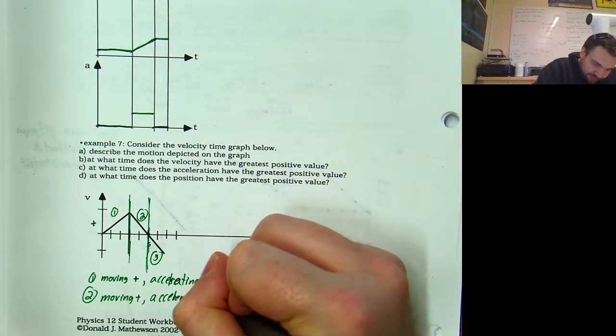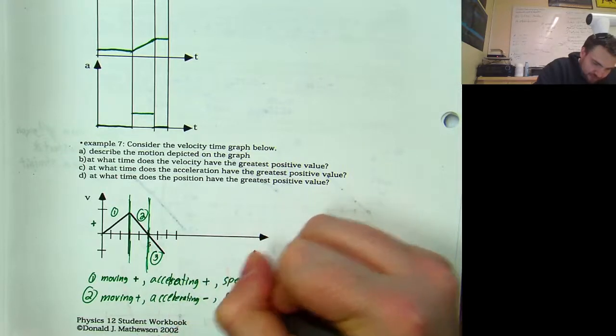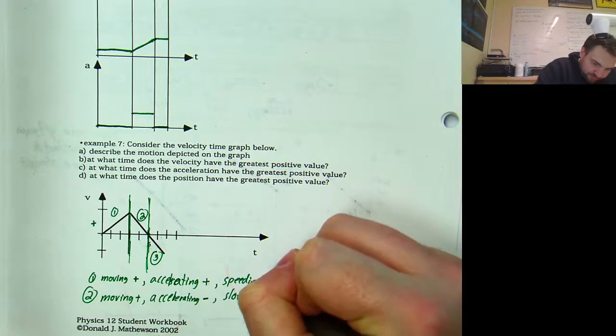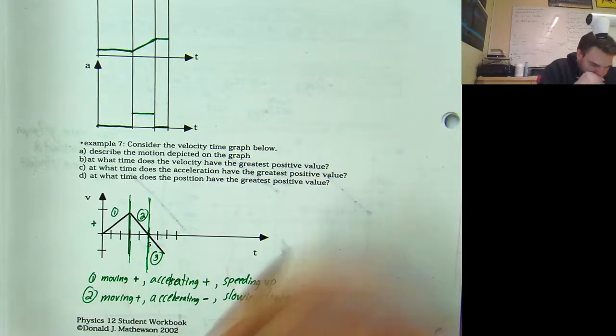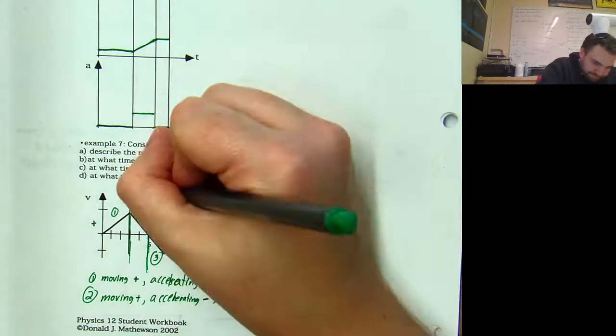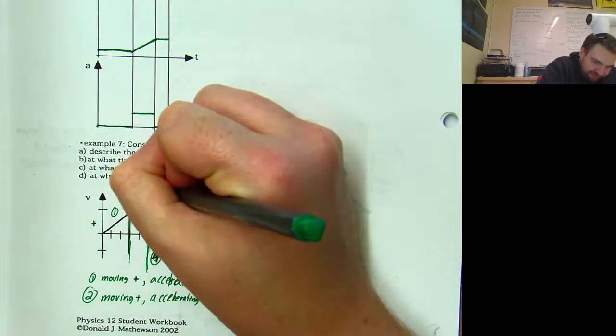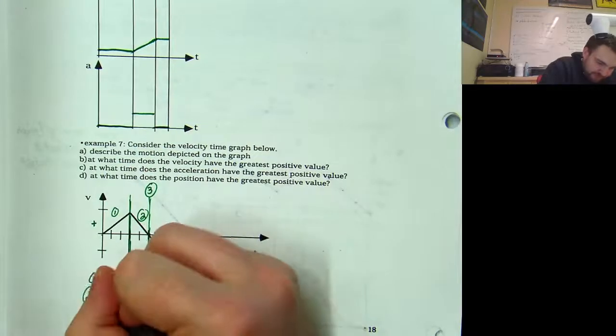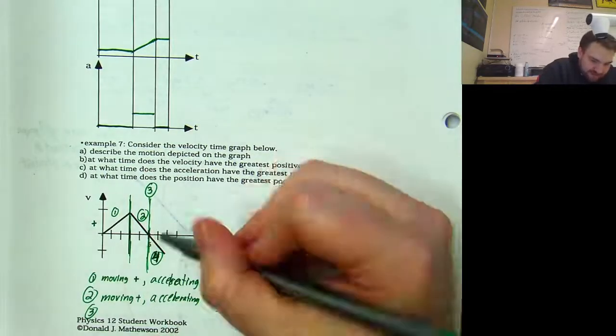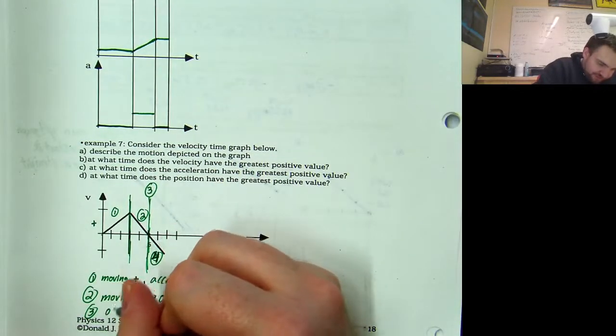Accelerating negative, so this thing is slowing down. Actually, we're going to call this 4 right here, and I'm going to call this line 3. At 3, the object has 0 velocity, so the object stops.